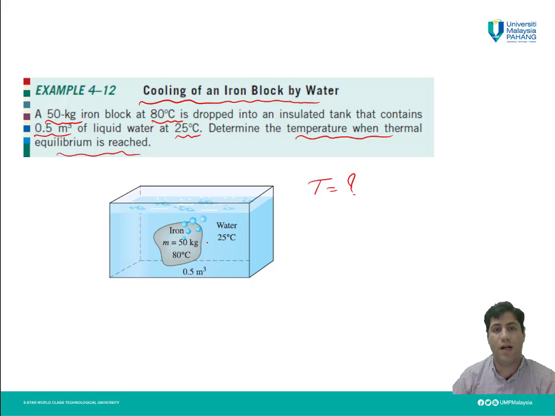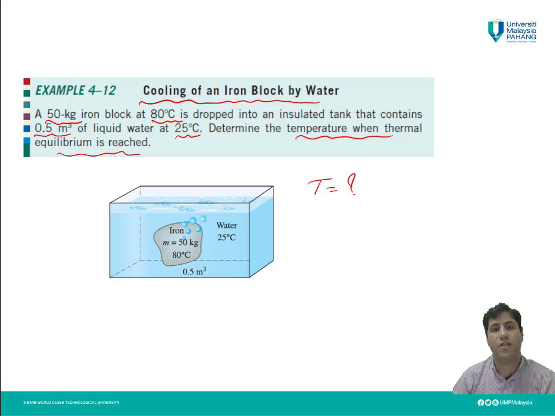Generally, if we drop this iron block, whose temperature is higher, into a tank containing water with lower temperature, the thermal energy from the iron, which has higher thermal energy, will transfer to the water, which has lower temperature.